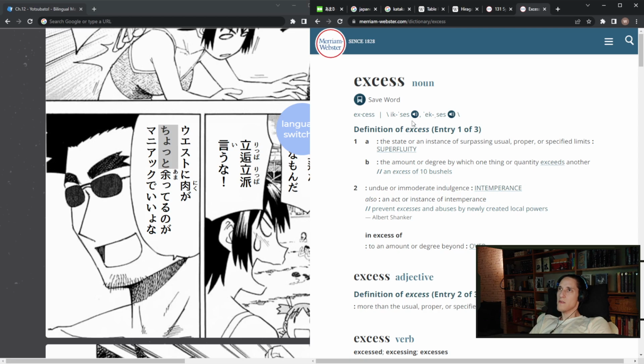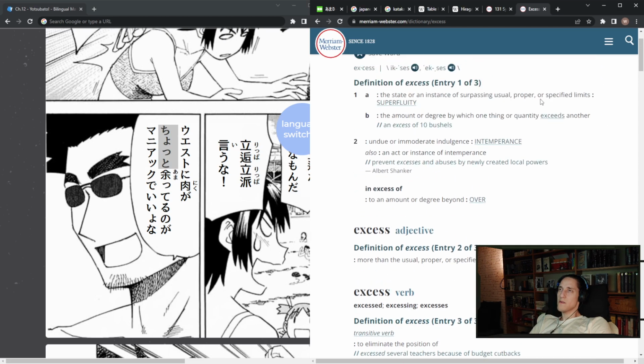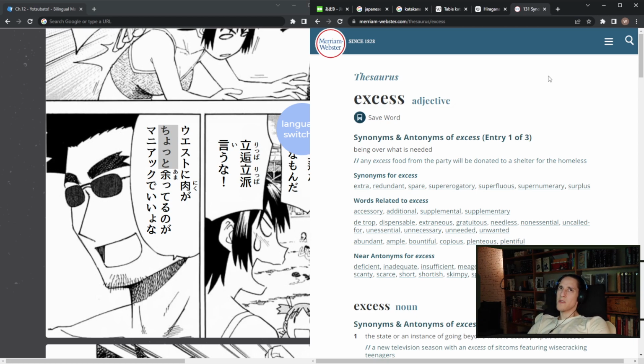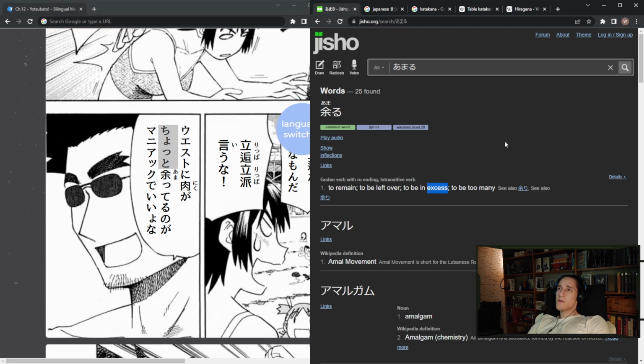Excess, access. But this is usually for excess food. Yeah, sure. Both are fine. What was I doing? Yeah, so to remain, to be left over, to be in excess.